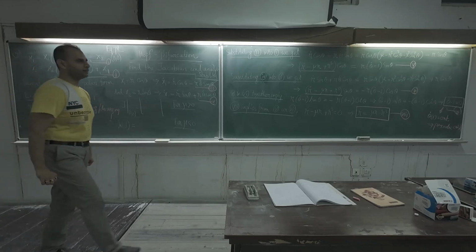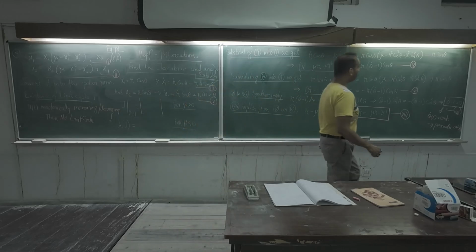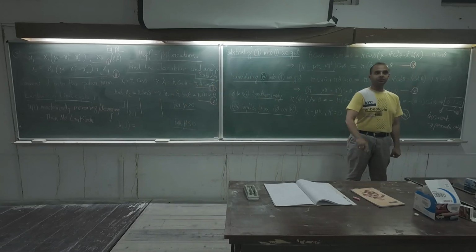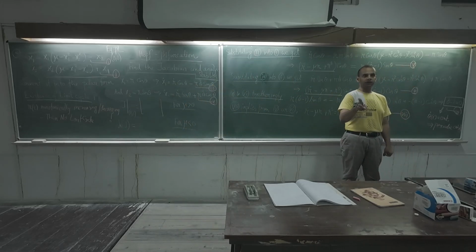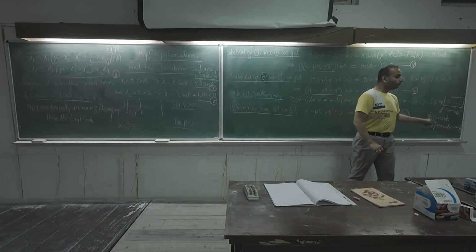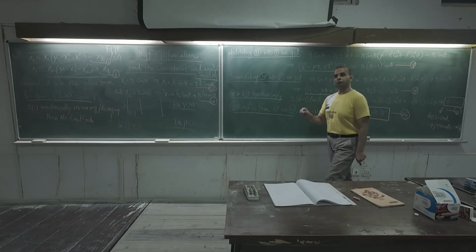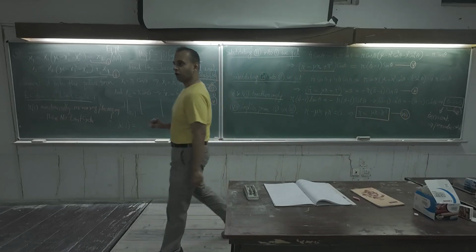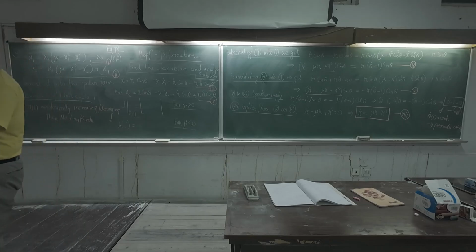So in some cases, if you find that theta dot is constant, that means the angular velocity omega is constant, then definitely there is a chance of a limit cycle, but we cannot immediately say whether the limit cycle will exist or not. But if theta dot equals a constant, that means there will be continuous change of phase, then it is for sure, or not for sure, at least there is a high chance that a limit cycle can appear.